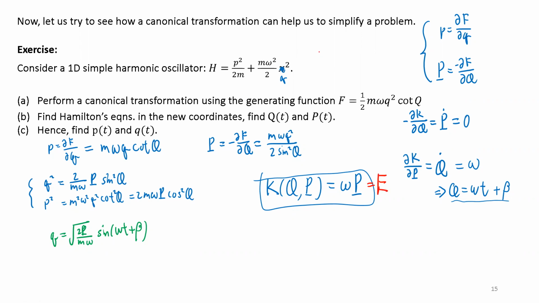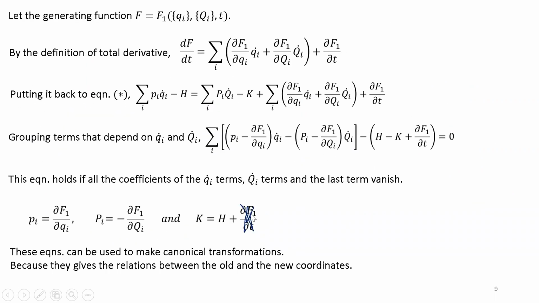As I showed you already, K is equal to H for canonical transformation.